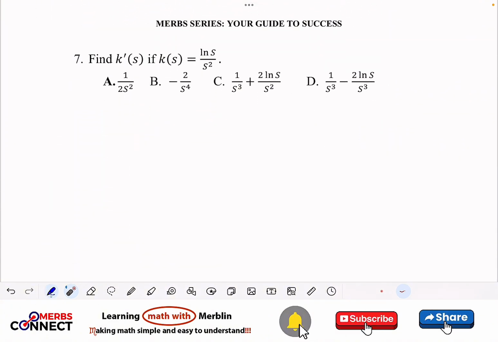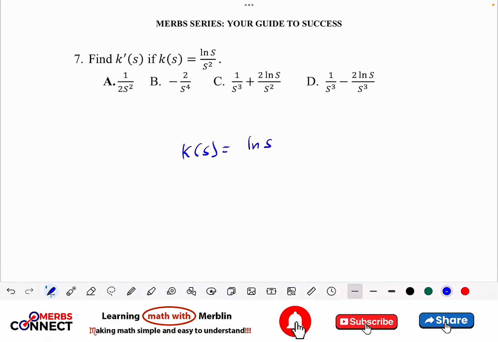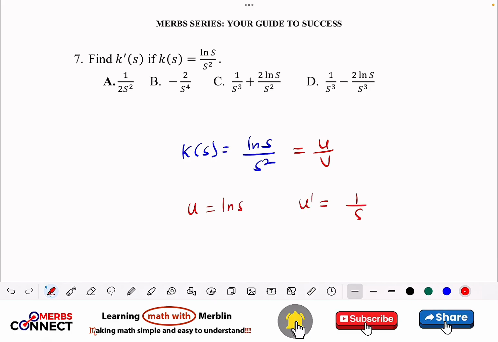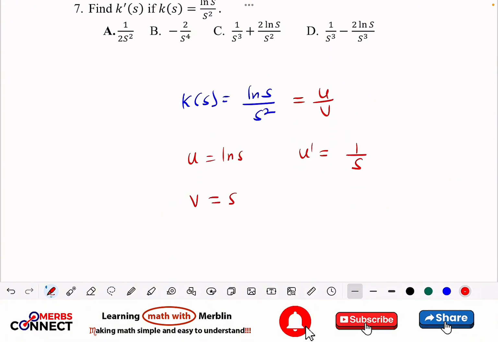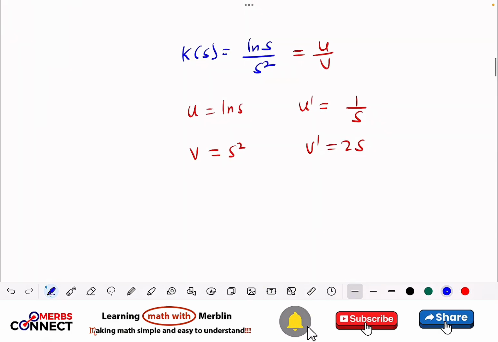We want to find k prime of x, given that k of x is equal to ln of x over x squared. So let's use the quotient rule, u over v. So u is equal to ln x, u prime will be equal to 1 divided by x, and then v is equal to x squared, and v prime will be equal to 2x. So k prime of x will be equal to v u prime minus u v prime divided by v squared.